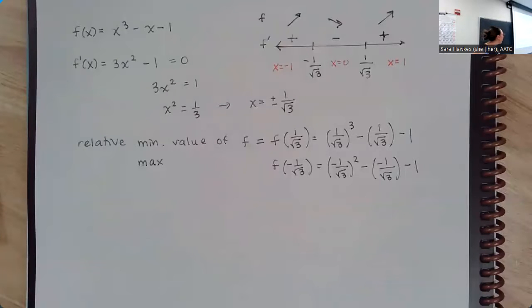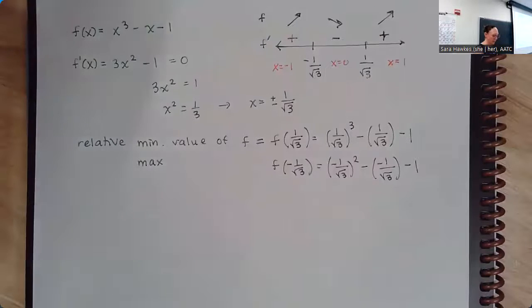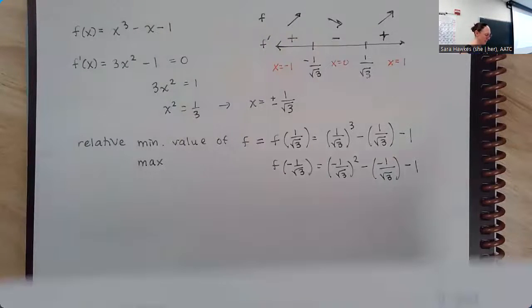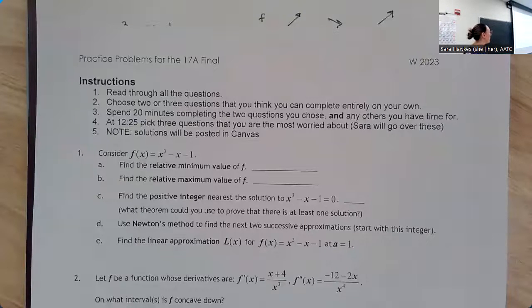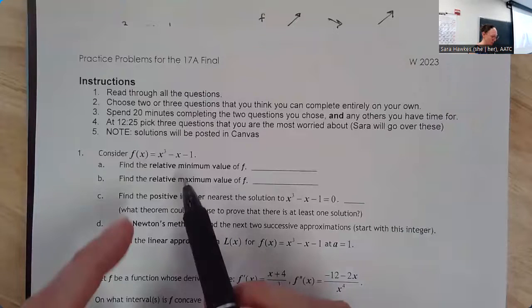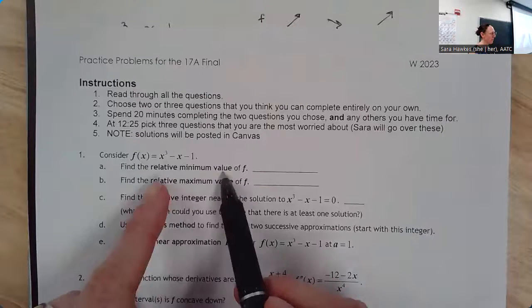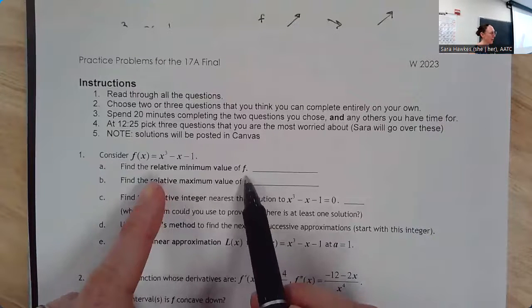Yeah. So, when you get like x, you have to plug it into the original or the derivative? So that entirely depends on the way the question is asked. My question asked us for the relative minimum value of f. So that's why I'm plugging it back into f.